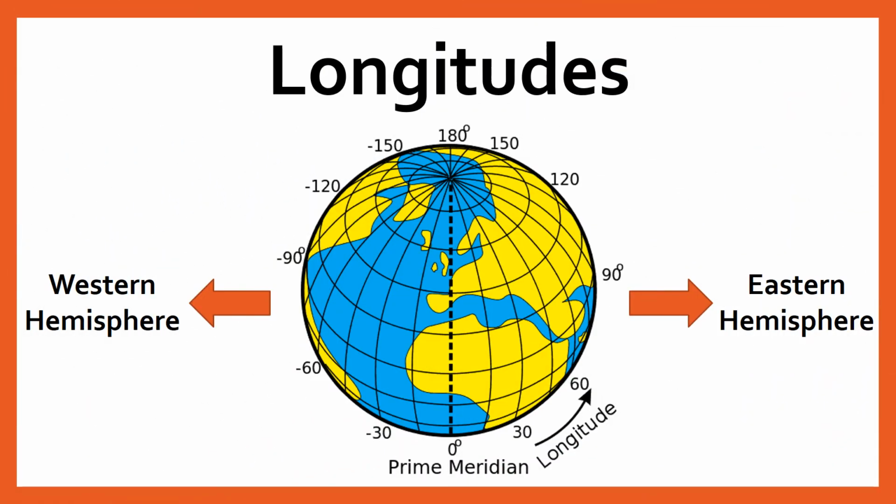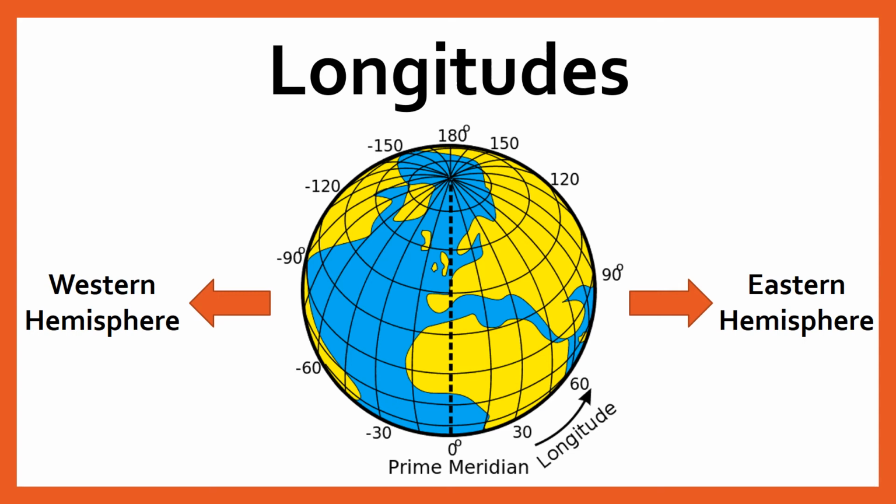Students, let's understand longitudes better with the help of the given image. As you can see in this image that prime meridian is a very important line. It divides the earth into two equal halves. On the eastern side is the eastern hemisphere and on the western side is the western hemisphere.